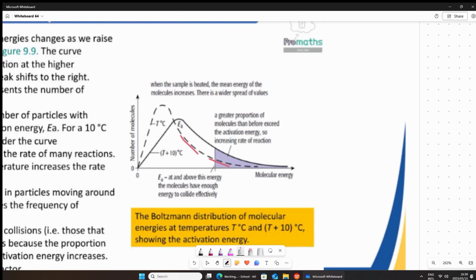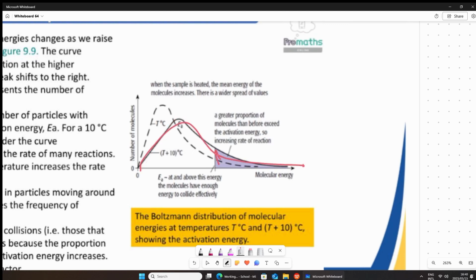Also, if you observe the area under the graph at this point, these are the few particles that have kinetic energy equal to or greater than the activation energy, EA. However, the solid line graph has a lower peak, which means the graph is more skewed to the right.